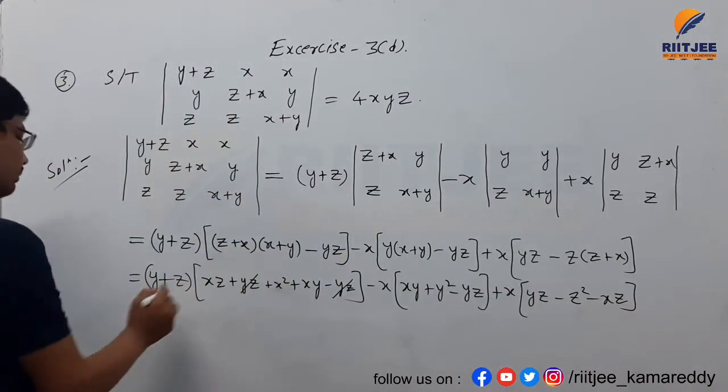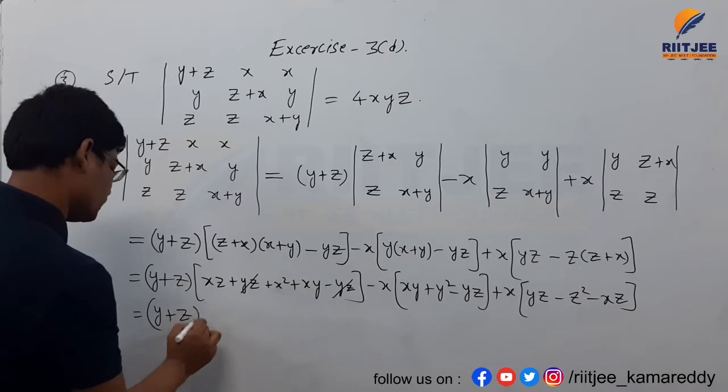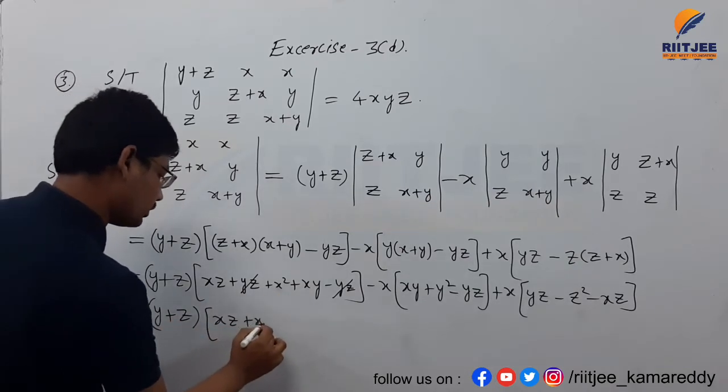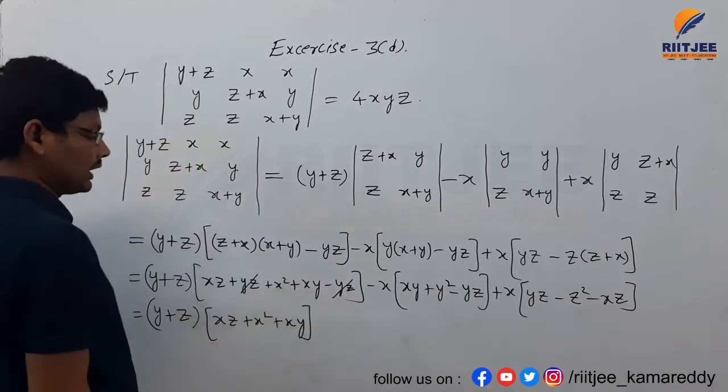And let's multiply the terms here: y plus z, xz plus x square plus xy. Here these two terms are eliminated.